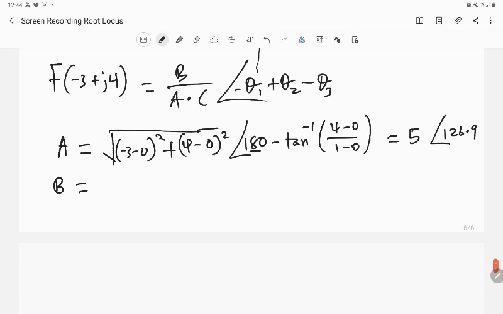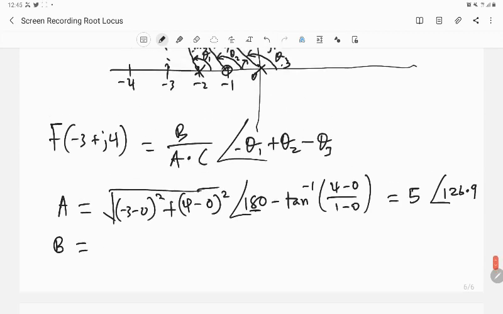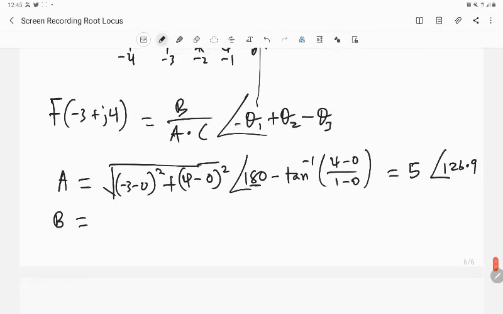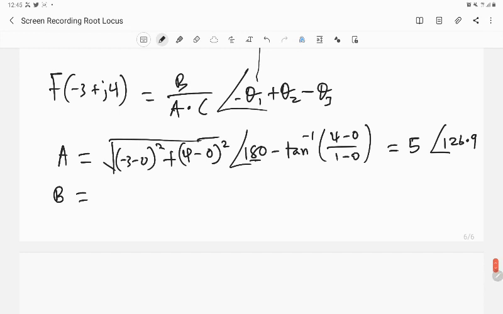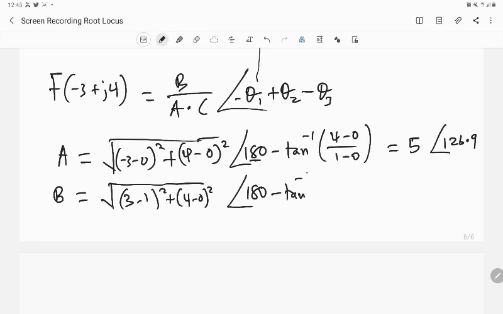And then the second one will be when we find b. b is the zero, so you get square root of 3 minus 1 squared plus 4 minus 0 squared, and the angle 180 minus tan inverse of 4 over 3 minus 1, and that is going to give us square root of 20.